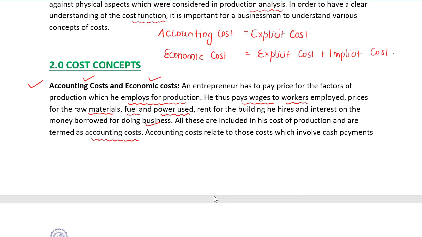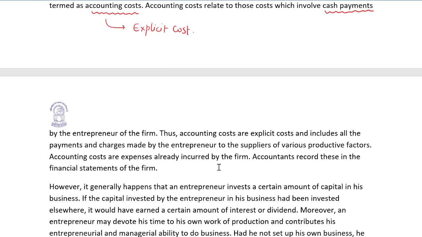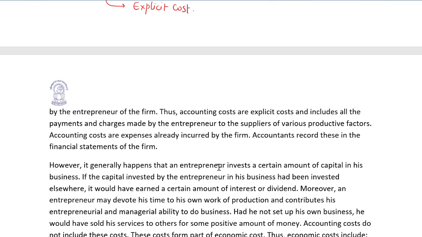Why? Because all these costs are explicit cost. We are paying the money to somebody else, which is outside the organization. Accounting costs relate to those costs which involve cash payments outside the organization by an entrepreneur of the firm.